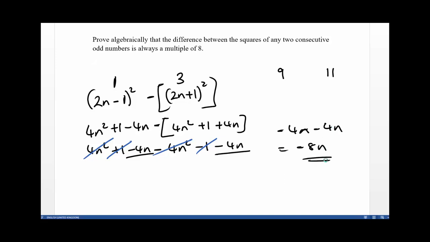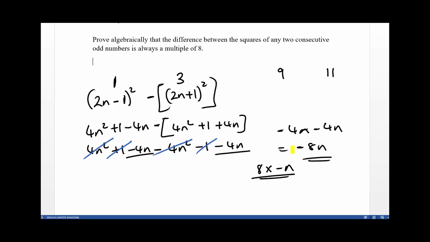Now, it doesn't tell you that your answer has to be positive for all positive integers. It just says it needs to always be a multiple of 8, or you need to show that. What we've got here is 8 times minus n, because that's what it means.